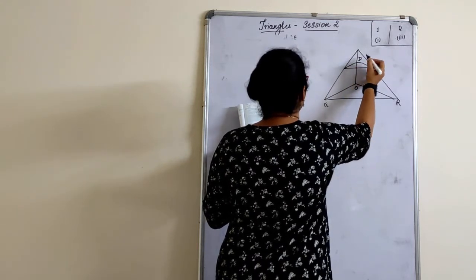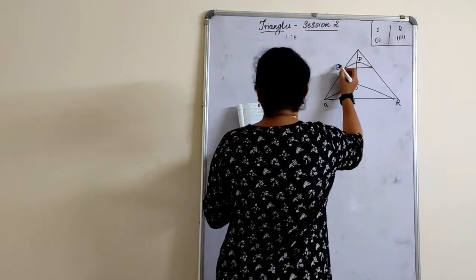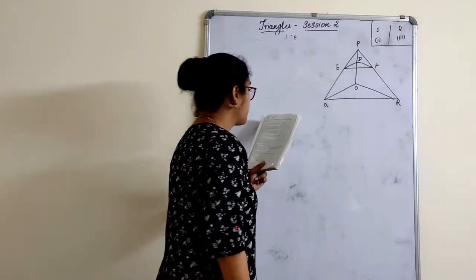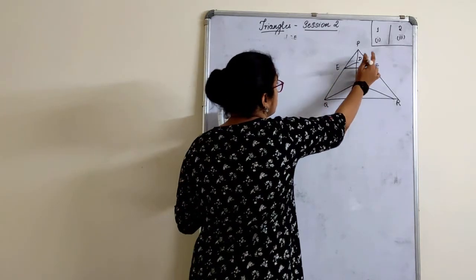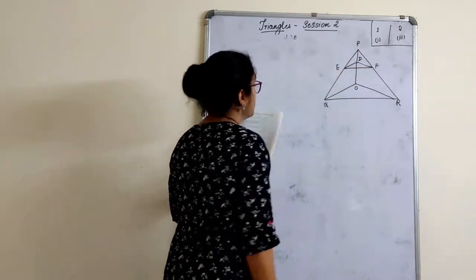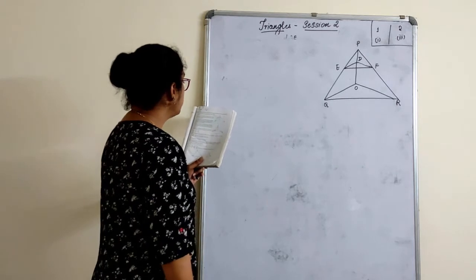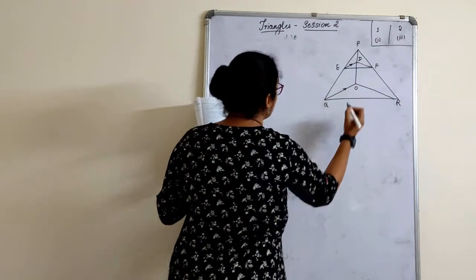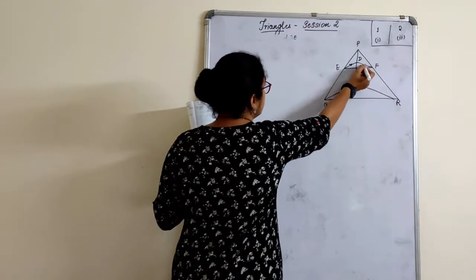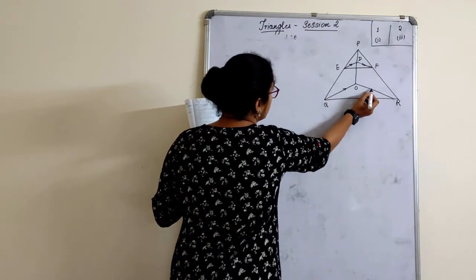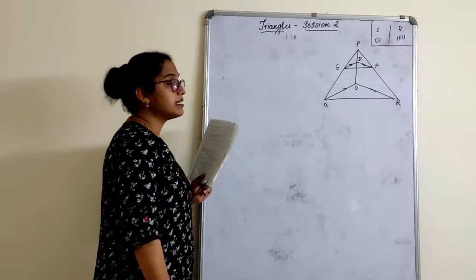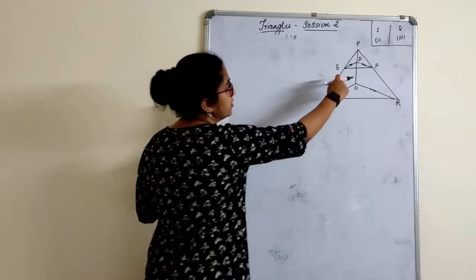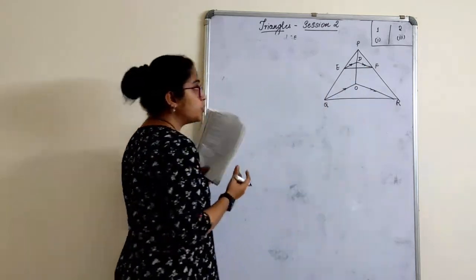So this is D, this is E, this is F. Okay. So in the given figure, DE is parallel to OQ and DF is parallel to OR. Now since these are parallel, we can prove the BPT parts. Show that EF is parallel to QR.